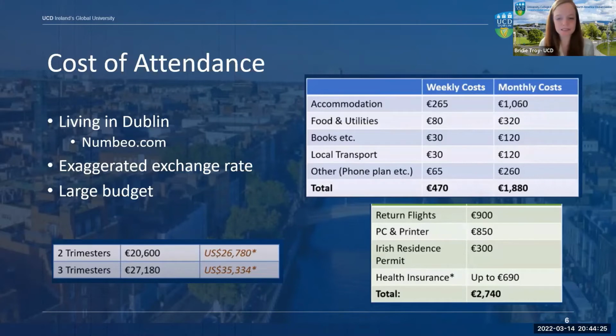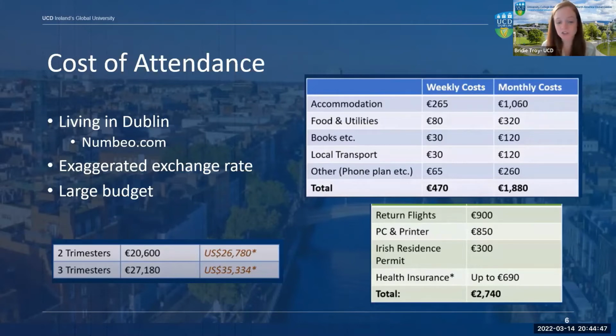Now, the COA does include an estimate of weekly and monthly costs, as you can see in this top right chart, but also one-off expenses such as flights, immigration fees, and health insurance, because these are amounts that you do need to budget for. If you are a US citizen, you will have to apply for a residency permit when you arrive.